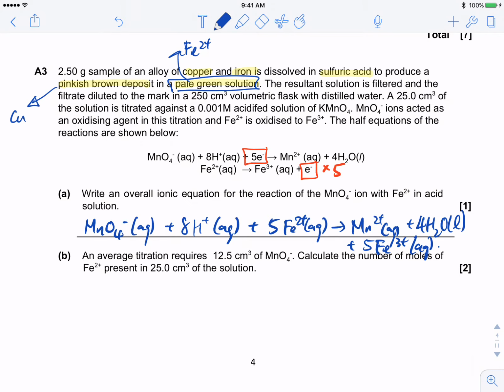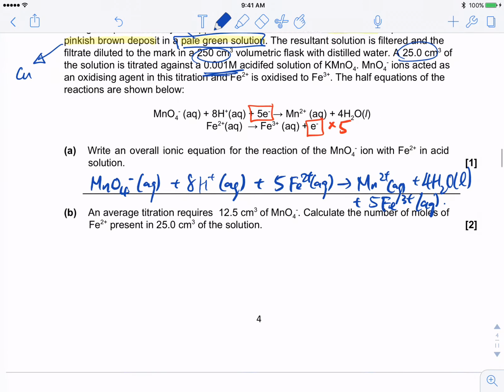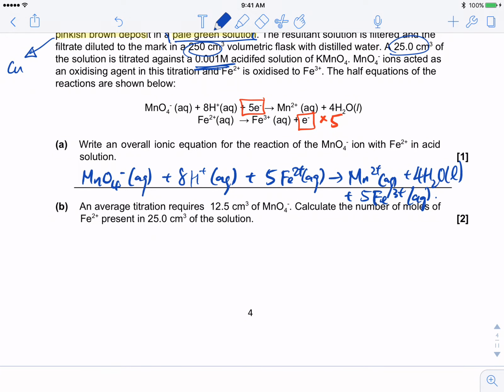Then you filter it off, dilute it to 250 cm3. Then you take out 25 cm3 from this 250 cm3 and titrate it with this concentration of KMnO4. So since it's that concentration, let's find the number of moles of MnO4 first. 12.5 divided by 1000 times 0.001 molar.